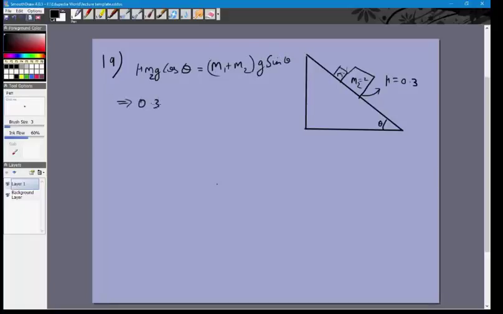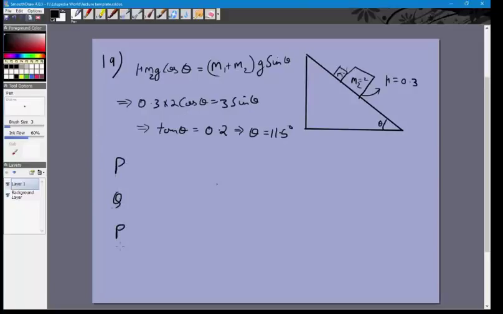Which means 0.3 into 2 cos theta is equal to 3 sin theta, which means tan theta is equal to 0.2, which means theta is equal to 11.5 degrees. That means 11.5 degrees is when slipping starts.